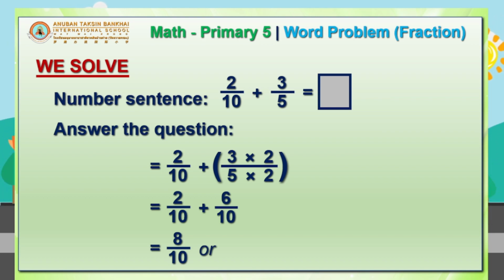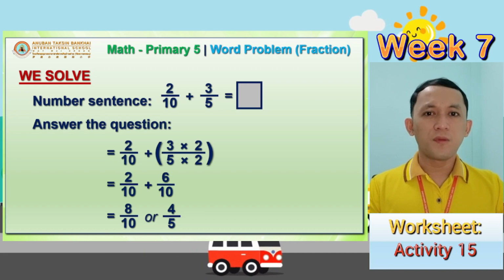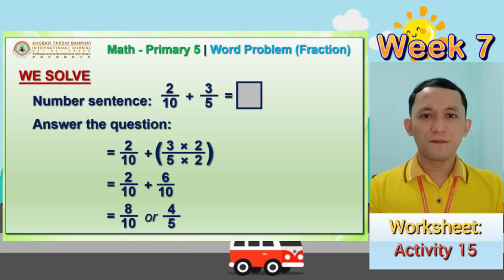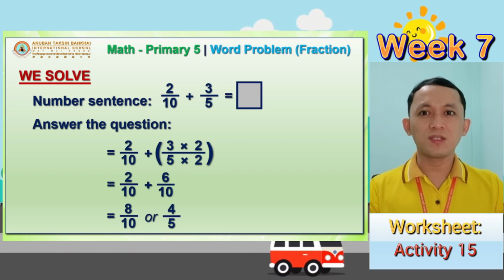So 8 divided by 2, we have 4. And 10 divided by 2, we have 5. So our final answer would be 4/5. Okay? So that is now our stage 3.